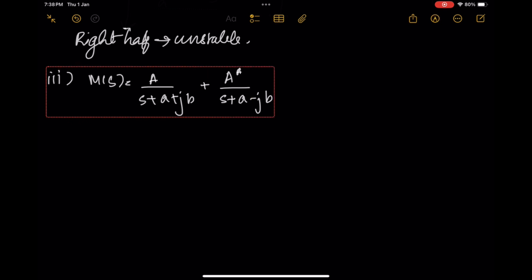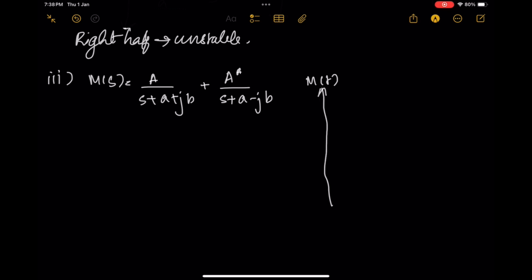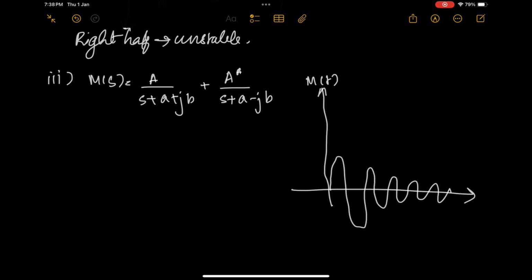On drawing the m of t graph of this particular equation, it will look something like this. It's a sine wave which is decreasing with time, a sine wave whose amplitude decreases with time. That's what we will get as the m of t of this given equation m of s. And from the equation m of s, we could find out its poles.